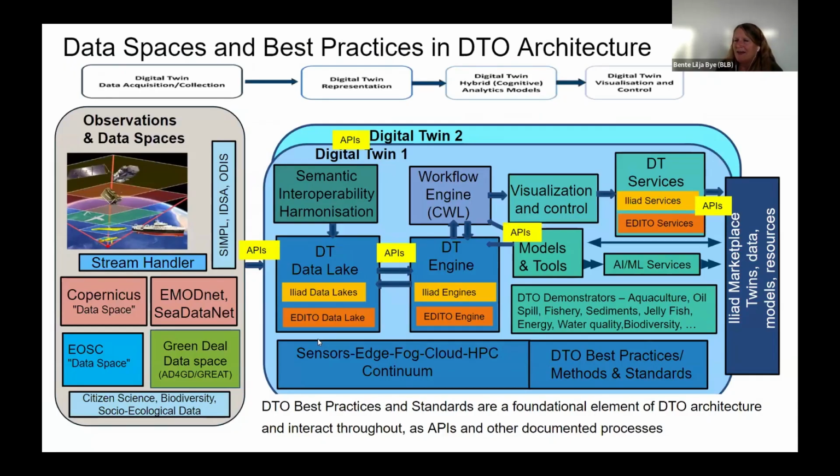Here you see the logical architecture. I show it, and Arne Jørgen will go deeper into it. But you see it consists of different components. And what I wanted you to notice here is that integral in our logical architecture in Iliad, you find the digital twin of the ocean, best practices, methods, and standards.